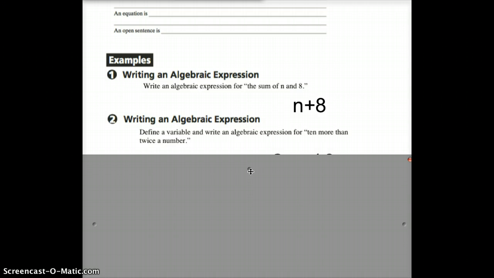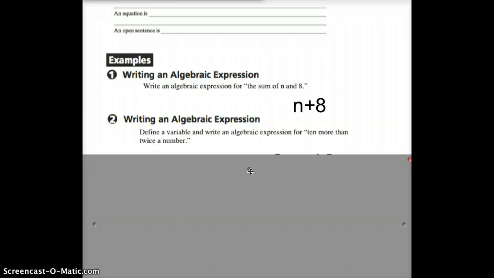And so then we need to write an expression. The first thing you want to do is identify your variable. So X is going to equal our number, so I write that down. And then 10 more. That means if I gave you $10 more, you would add that to whatever you already had. So 10 more is plus 10. Well, you're adding that $10 to what?